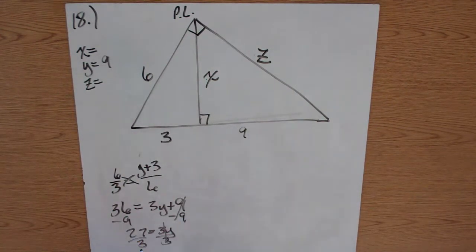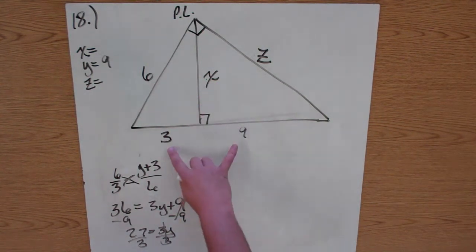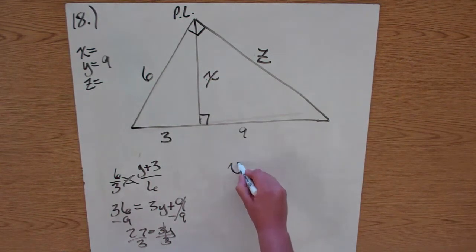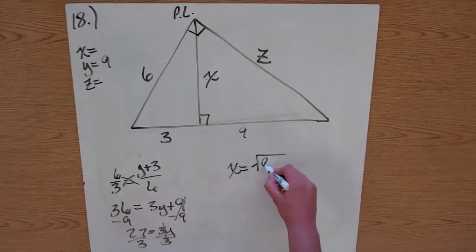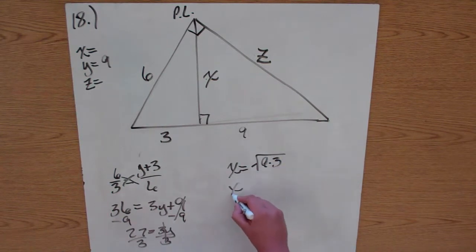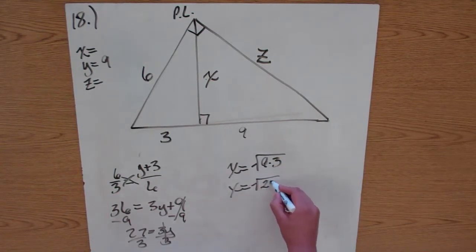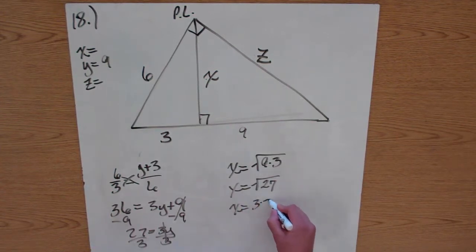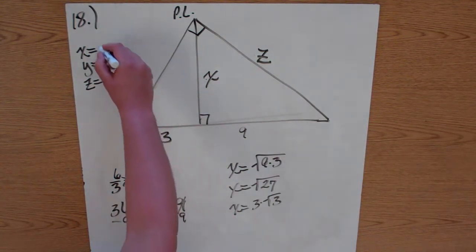Now, the next easiest one to find is x, because we know x is the geometric mean of 9 and 3. So x equals the square root of 9 times 3. So x equals the square root of 27. And the square root of 27 is 3 times the square root of 3.